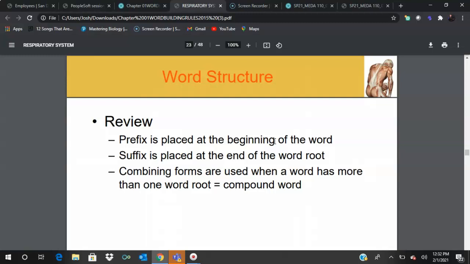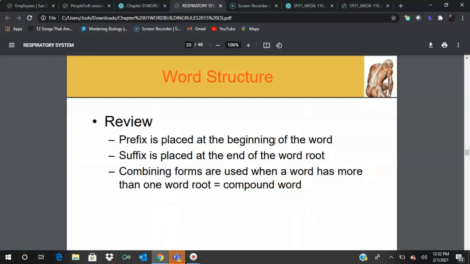So let's just review real quickly the word structure and some of the elements. As a review, the prefix is always placed at the beginning of the word. Suffix is always placed at the end of the word. Combining forms are used when a word has more than one word root, okay?